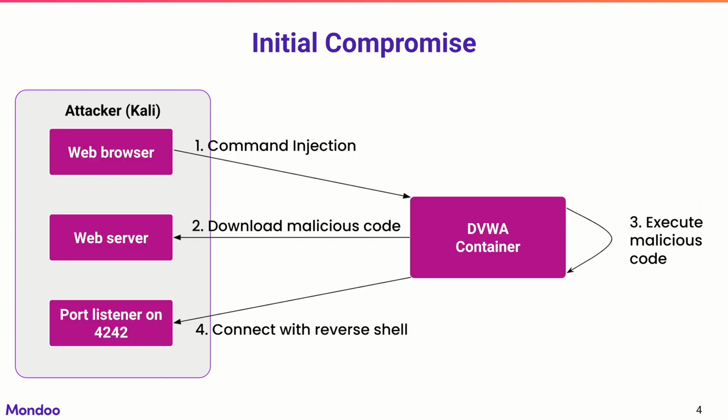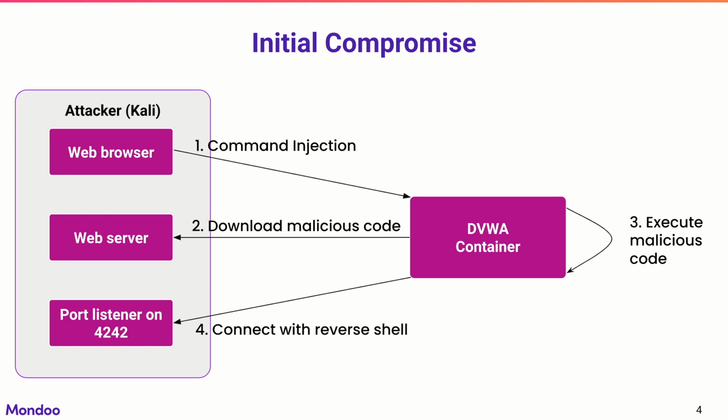The attacker exploits a remote code execution vulnerability in the Damn Vulnerable Web Application to execute multiple commands within the container via the web page. This involves executing commands that cause the container to download malicious code from the attacker's web server and execute it.